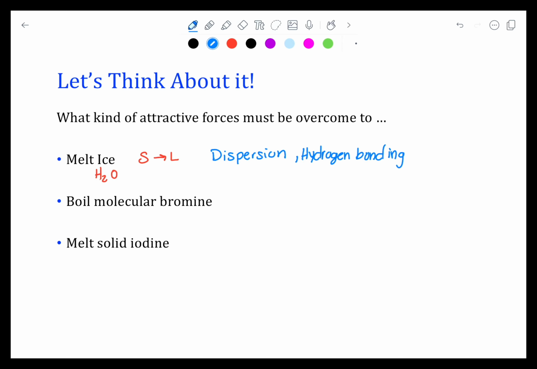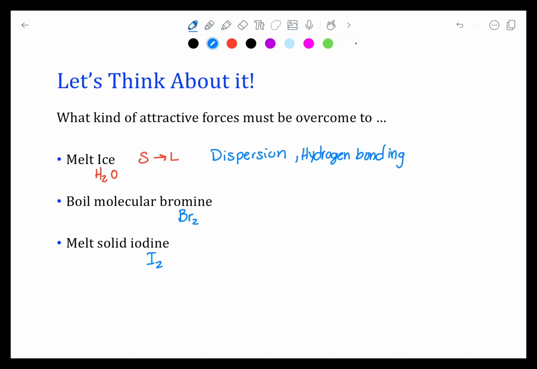What if I wanted to boil molecular bromine? What does molecular bromine mean? That means Br2. And the same goes for solid iodine. That's I2. So what I want you to do is think about these two examples, boiling molecular bromine and melting iodine.